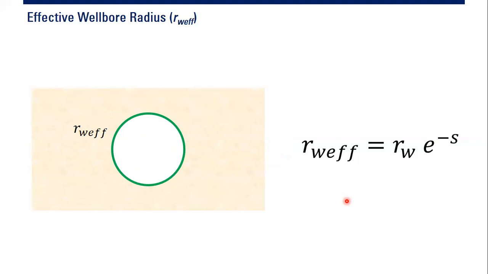If you have formation damage, you will have positive skin factor and it will decrease your wellbore radius. Whereas if you have a stimulated well, you will have negative skin factor, and it will enlarge your well, making your wellbore bigger, which enhances the capacity or productivity of your well.